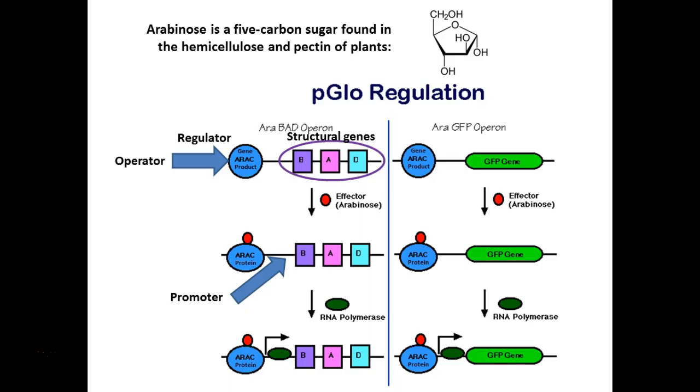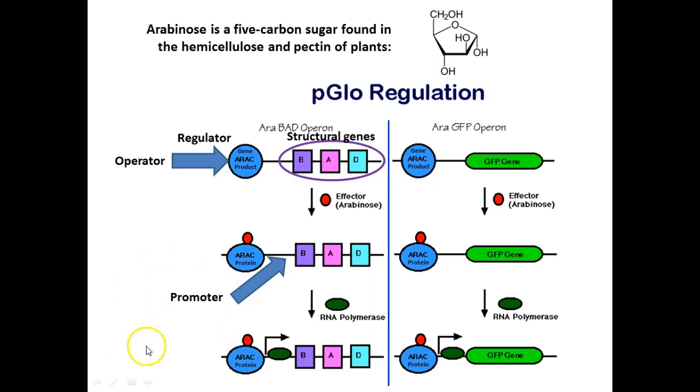What happens with that sugar when it's present is it binds to the repressor. You see this protein, the ARC? See how this is actually a strip of DNA. It's binding to it, that protein. When it's bound, RNA polymerase can't bind to the promoter region right here and cannot copy the information on how to make those digestive enzymes.